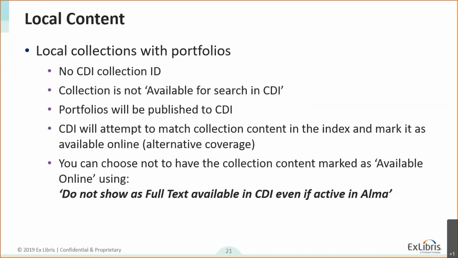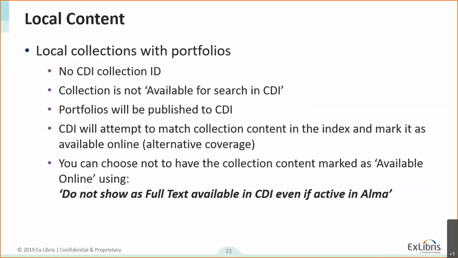And it's good because it means that CDI will try to look for alternative coverage for that content of that local collection, and if there is a match, it will mark them as available online, and then you will be able to access the local content through CDI and expose the fact that you even have availability for that content.